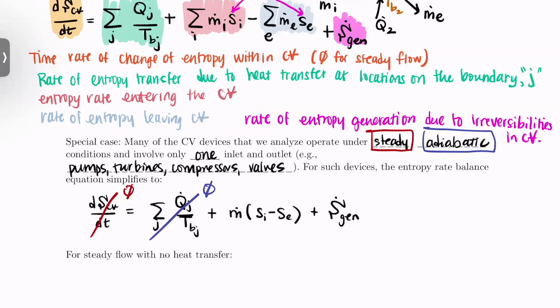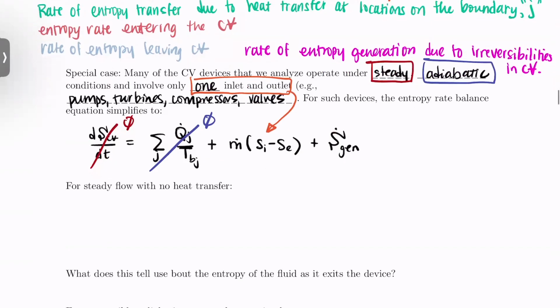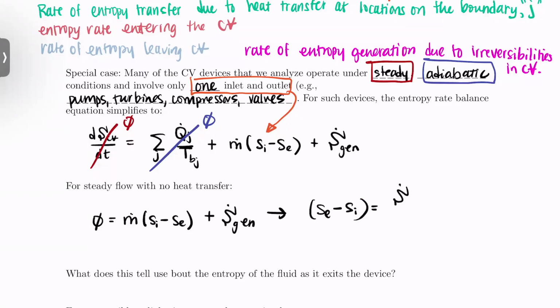And then the one inlet outlet condition, I've already put that simplification in here. So I've gotten rid of my sum of the mass flow rates for in versus out. All right, and so this means that our equation is just that 0 is equal to m dot (s_i minus s_e) plus S dot gen. Or we can also rewrite this as s_e minus s_i is equal to S dot gen divided by m dot, which always has to be greater than or equal to 0.